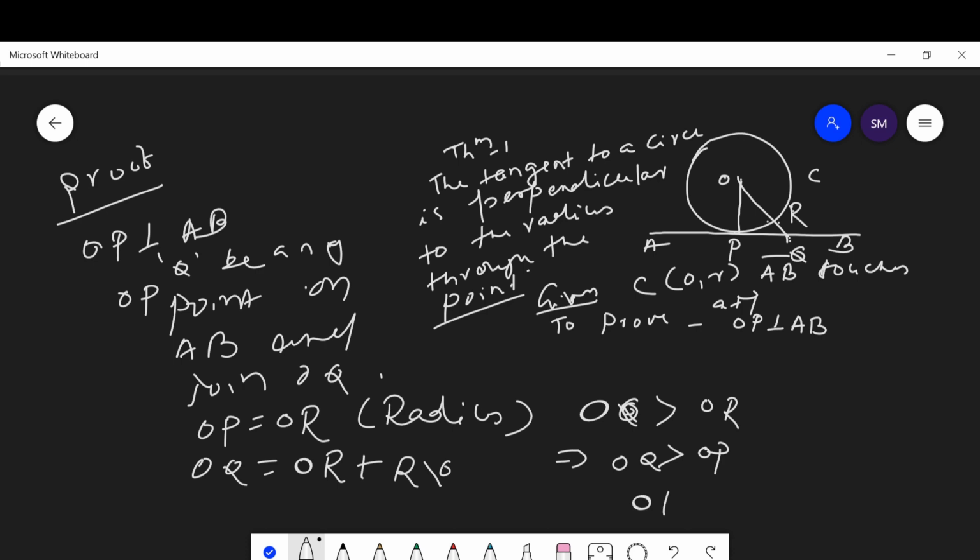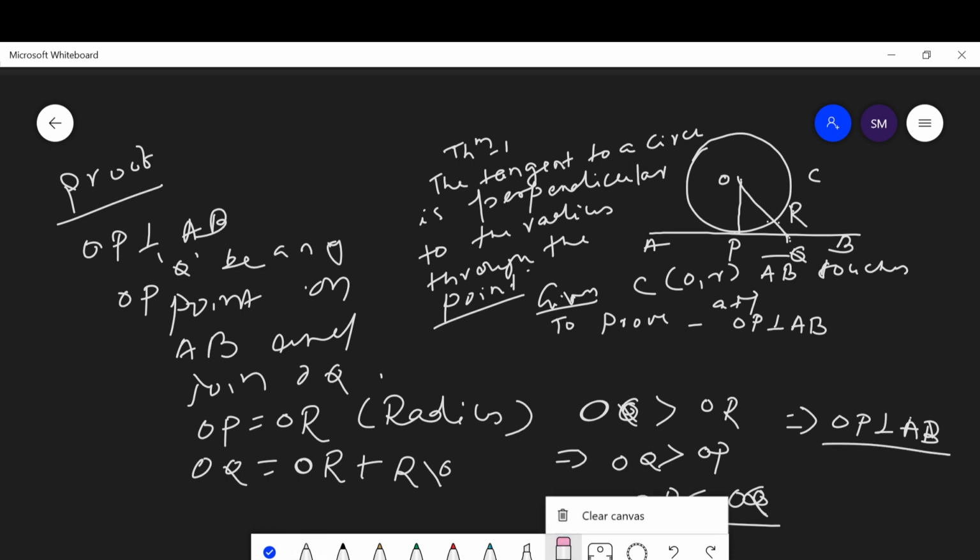This means OP is always less than OQ, for any point Q on the tangent. This means OP is the shortest distance from the center O to AB, which implies that OP is perpendicular to AB. Hence, we have proved that OP is perpendicular to AB.